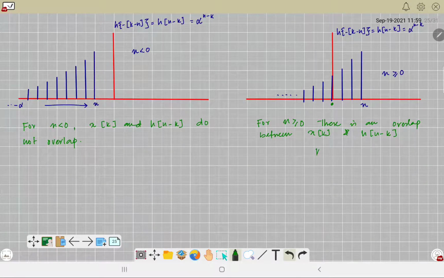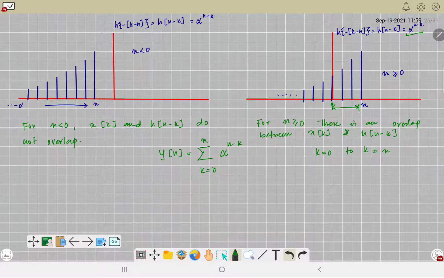It extends from k equal to 0 to k equal to n, from here to here. So your output will be y of n equals summation, k running from 0 to n, of alpha to the power n minus k. Fine, but from 0 to n.